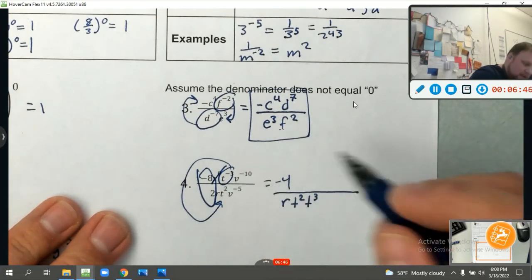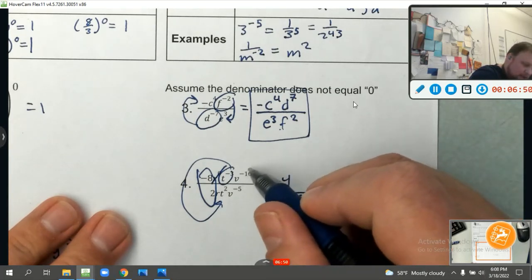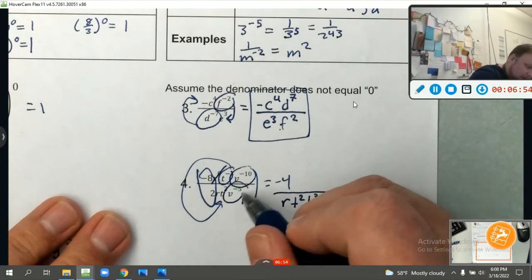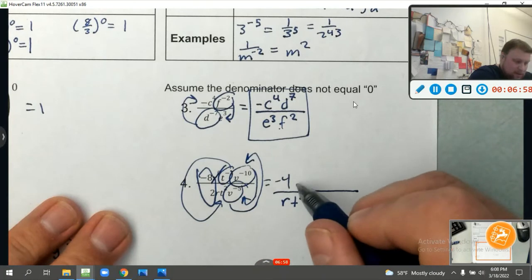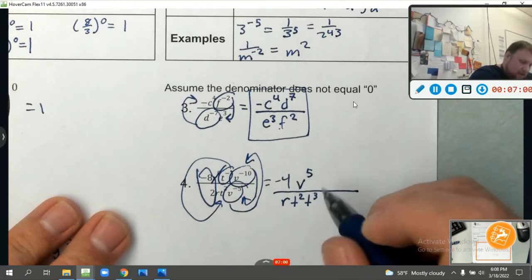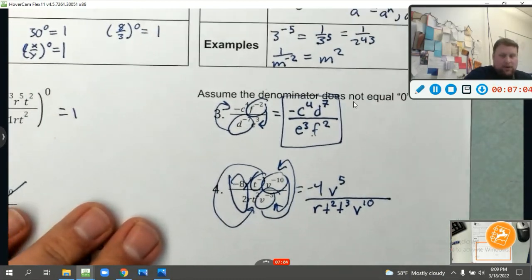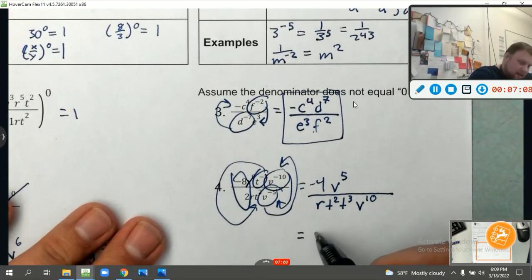And then up top, I have v to the negative 10, which needs to go down low. But on bottom, I have v to the negative 5, which needs to come up. So up top, I'm going to have v to the 5th. And on bottom, I'm going to have v to the 10th. So we're not done, are we? We got some more to do. So this is now going to be negative 4.